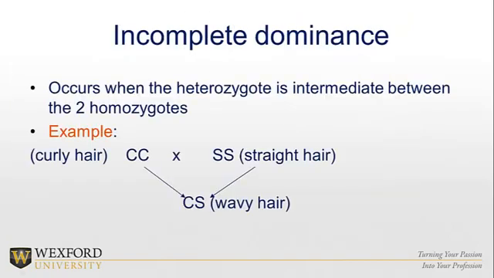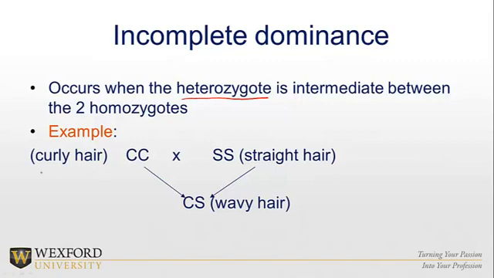So let me just get up here since the arrows are already up there. Incomplete dominance. Well, let's think about that. Occurs when the heterozygote is intermediate between two homozygotes. So rather than, once again, something being completely dominant versus recessive, we have multiple alleles affecting a trait. So we have kind of a blend, if you will.